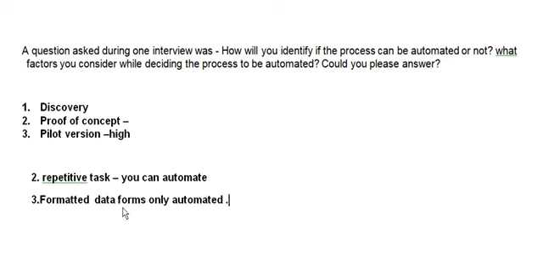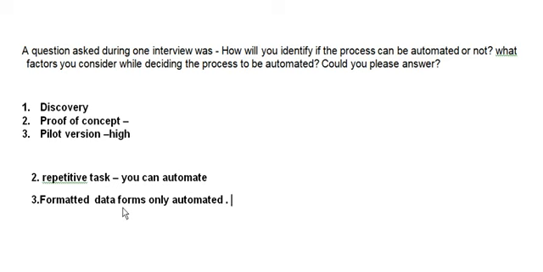So what do you mean by formatted data forms? Suppose think through that you are automating some forms. For example, if you are planning to automate some bank process, whenever you are registering for the first time into the bank, they will give you some form.